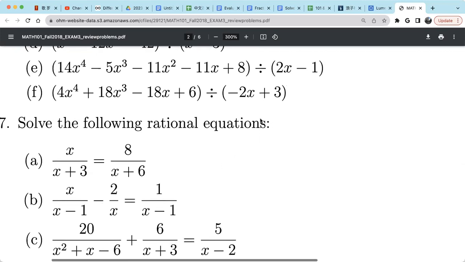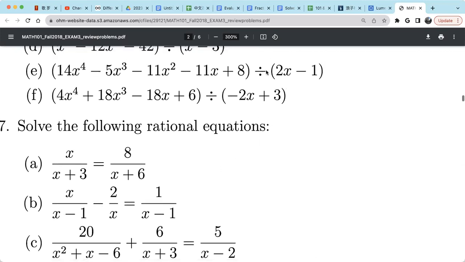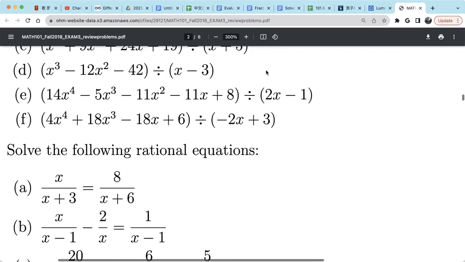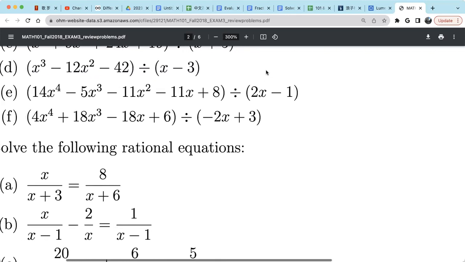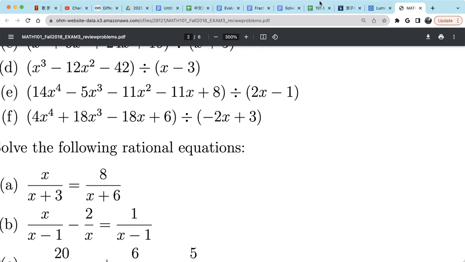Now let's see E and F. E and F are similar, similar to B. We make the sign first. We locate the coefficients 14, -5, -11, -11, 8. Everything's in order.